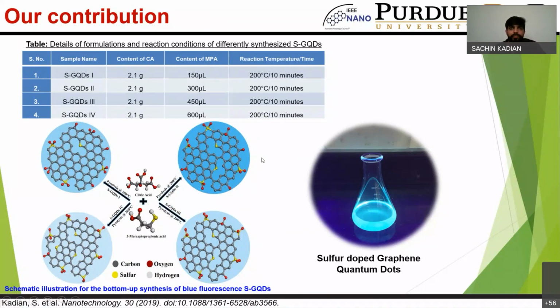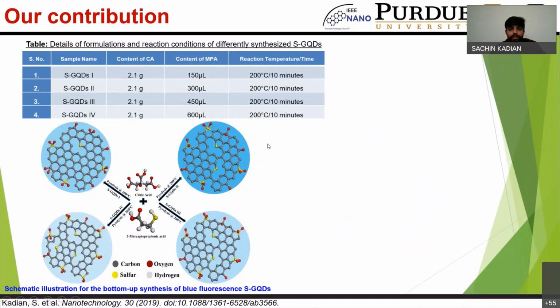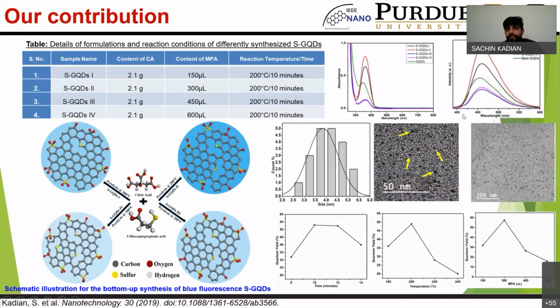And the fluorescence quantum yield also showed excellent results: the quantum yield of GQDs was reported as 11.5%, and we reported our SGQDs with 57.11%, which is very high as compared to GQDs. Then we characterized all these differently prepared SGQDs, and we came to know that they show excellent photoluminescence, with an excitation independent spectrum also.